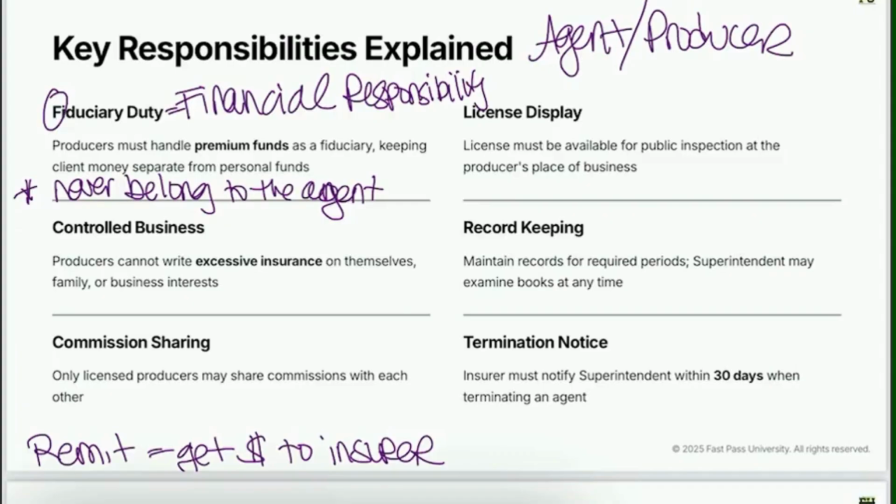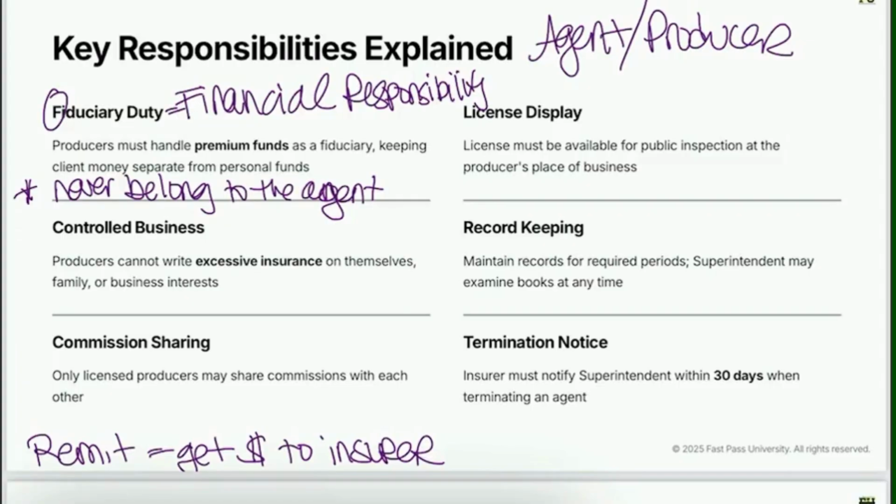And we need to keep that money in a separate trust account. Okay. You cannot keep it in your same business bank account. Right? That would be considered commingling of funds. You cannot put them in the same place.